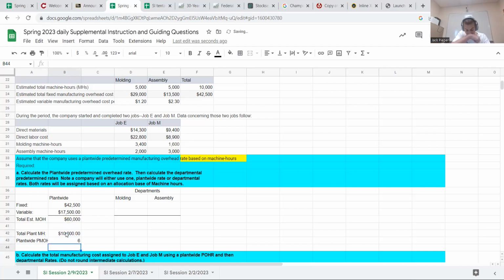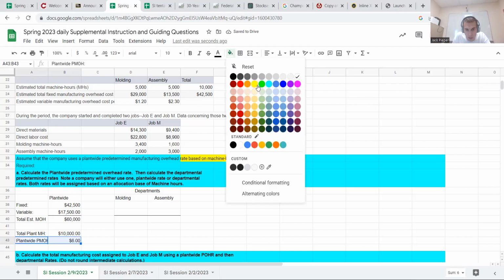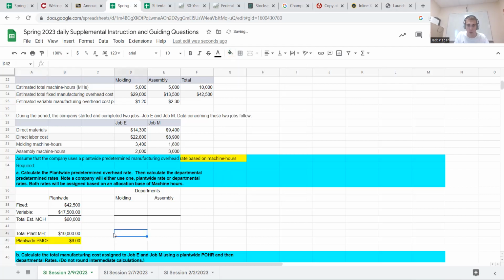And we will get 6. And of course, that's not going to show $6, but that is $6. Okay, I will highlight that, make sure that we're good on that. So that means that basically on average, for every hour we incur plant-wide, we assign $6 of overhead to it.